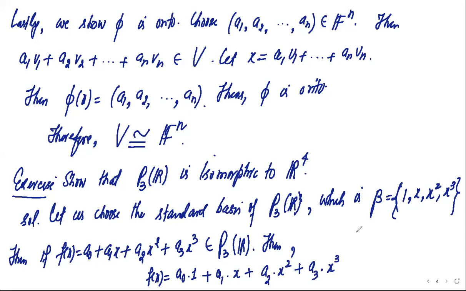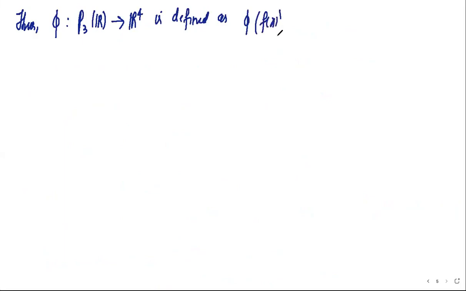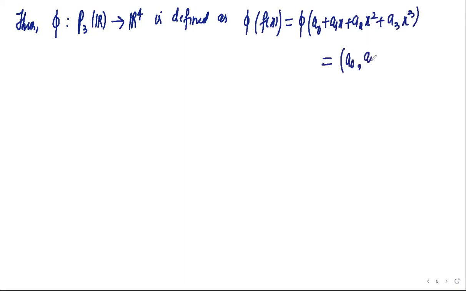ठीक है. So thus we define a mapping pi from P3(R) into R4 as pi of f of x, which is equal to pi of f of x. हमने choose किया था a0 plus a1x plus a2x square plus a3x cube, and now we are defining this is equal to (a0, a1, a2, a3). ठीक है.